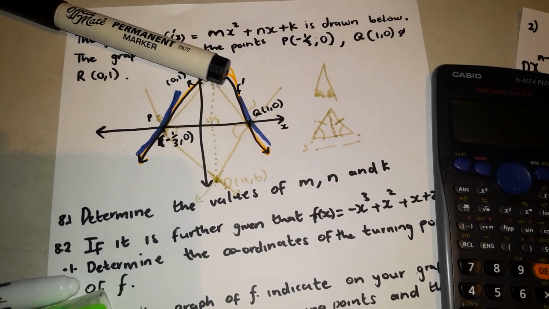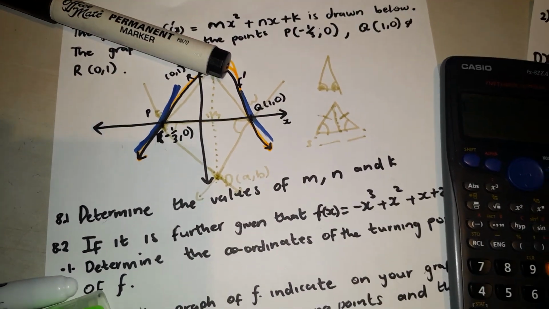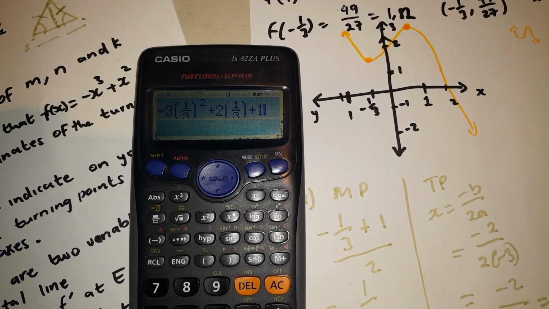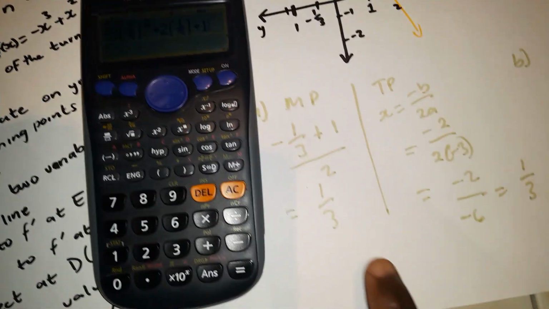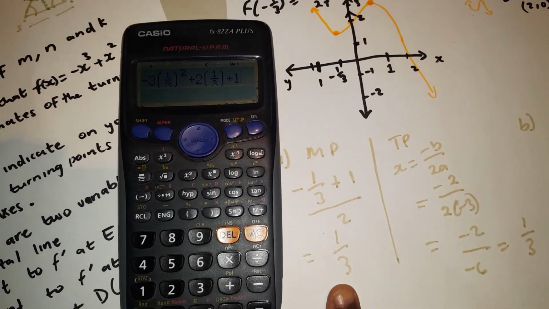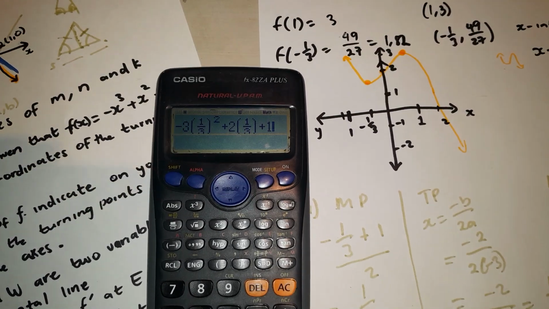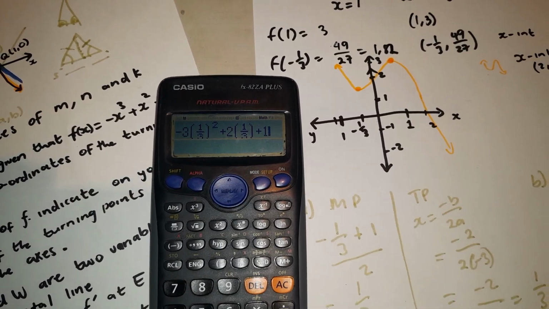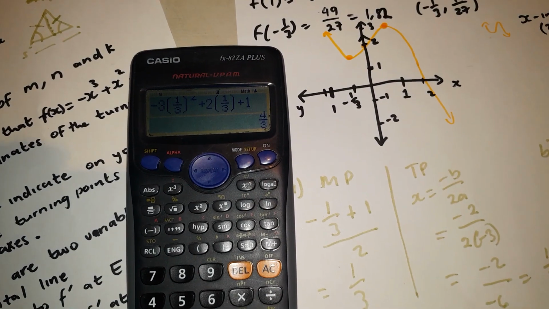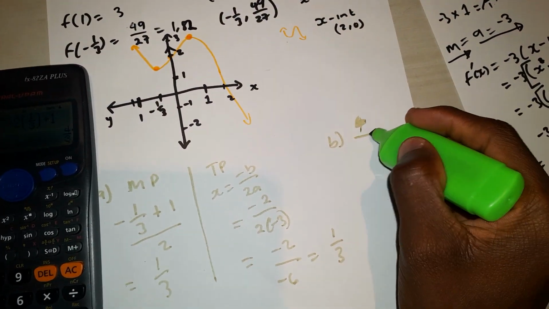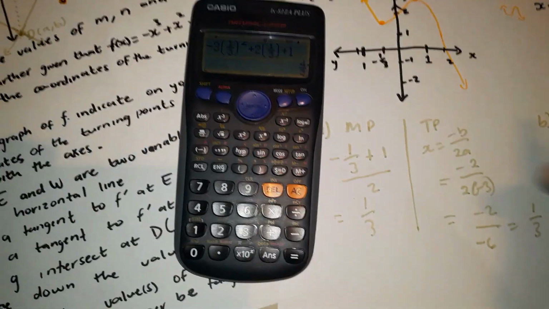So now we can substitute this into the original equation. When we put in this value of the turning point, the value of a, into the original equation, it will give us 4 over 3. 4 over 3 is the turning point.